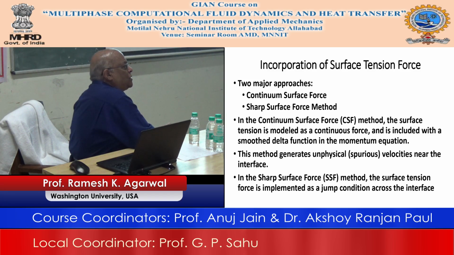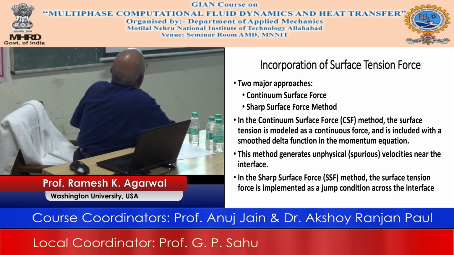There is a lot of work on the effect of a smeared interface versus a sharp interface, and that depends on the numerical scheme being used. A lot of research has been done in recent years on how you define that Dirac delta function and how you treat it numerically. Mathematically we know that it goes to 1 and to 0, but how do you deal with it numerically? That is the question that comes in.